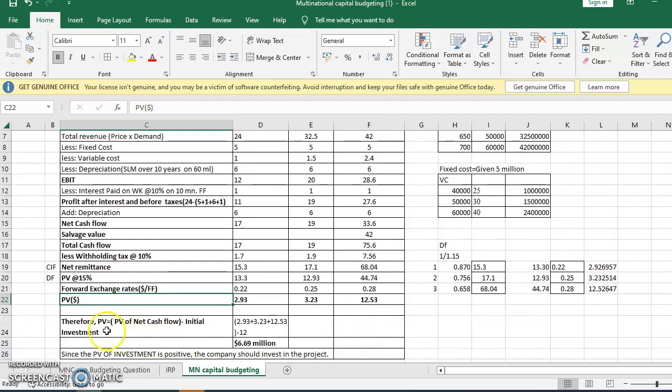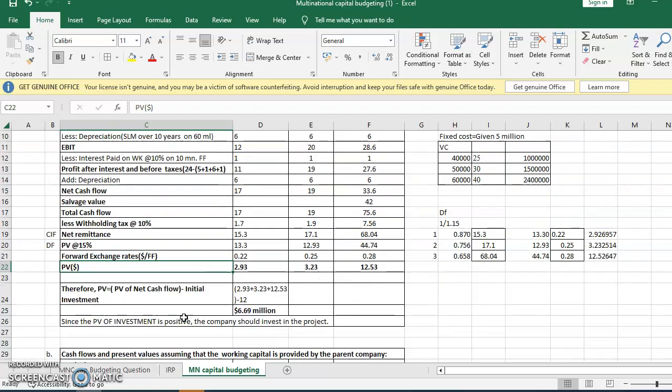Okay, so therefore NPV is equal to present value of net cash flows minus the initial investment. What we have to do is add back all the 3 years PVCIF, 2.93 plus 3.23 plus 12.53. Okay, minus the total initial investment, which is 12.